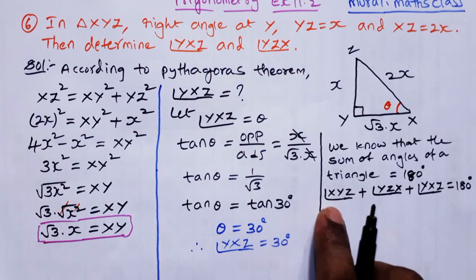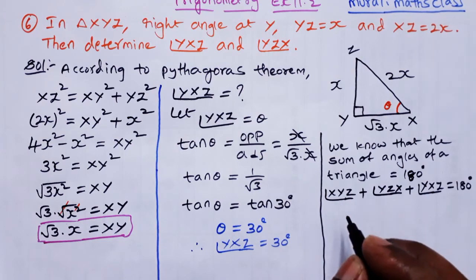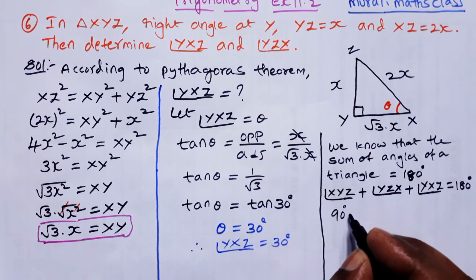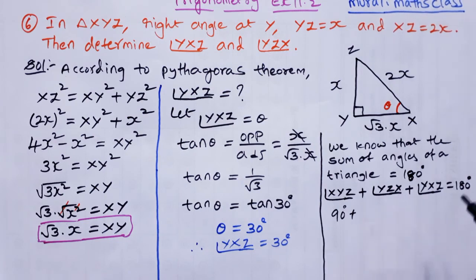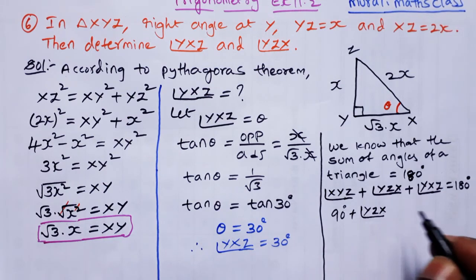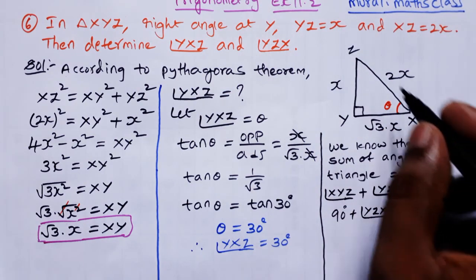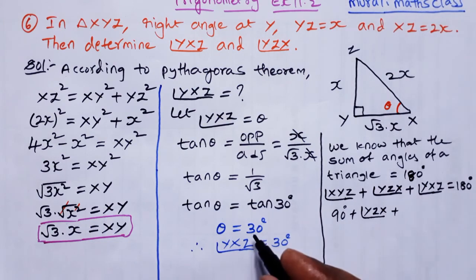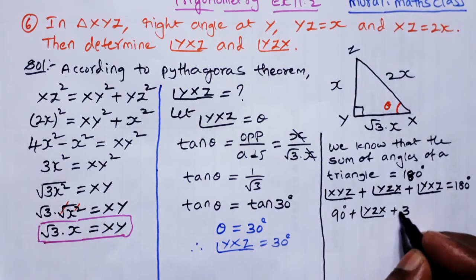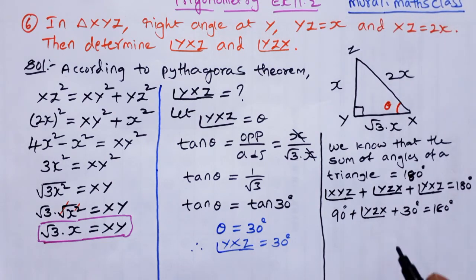Okay. First angle is what? X, Y, Z. This angle 90 degrees. Plus YZX angle, Y, Z, X. We don't know, so write as it is. Y, Z, X plus Y, X, Z. That is theta. Theta how much we got? 30. Equals to 180 degrees. 90 plus 30, 120.